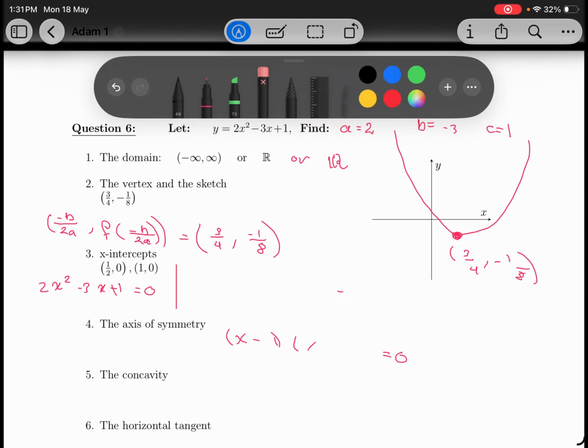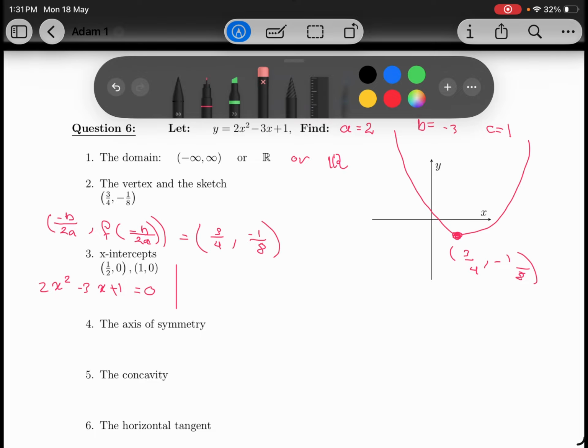Hopefully this method of normalizing is really super easy. You can have a look at that method before you even come to this file. So there are 2 x-intercepts, half and 0, 1 and 0.